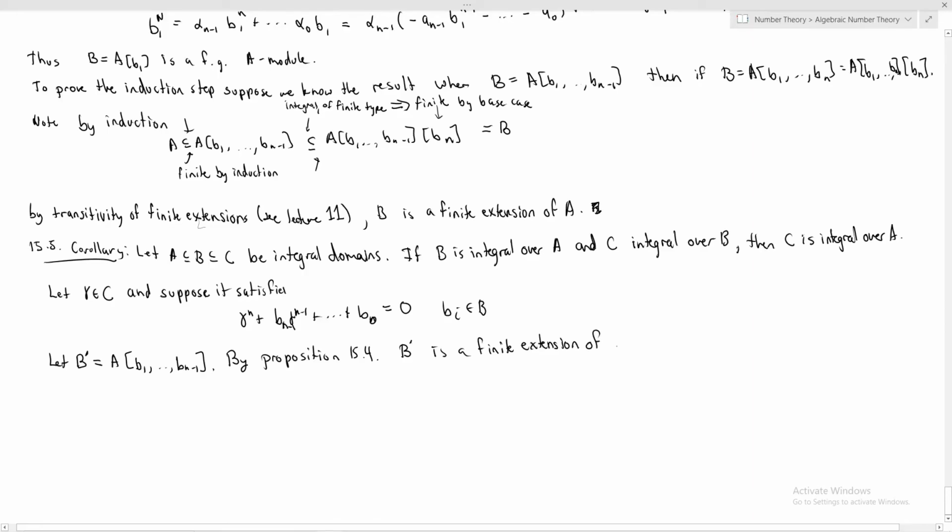B prime is a finite extension of A, since it is integral and of finite type. Okay. Now what does that tell me? Well, note the following.